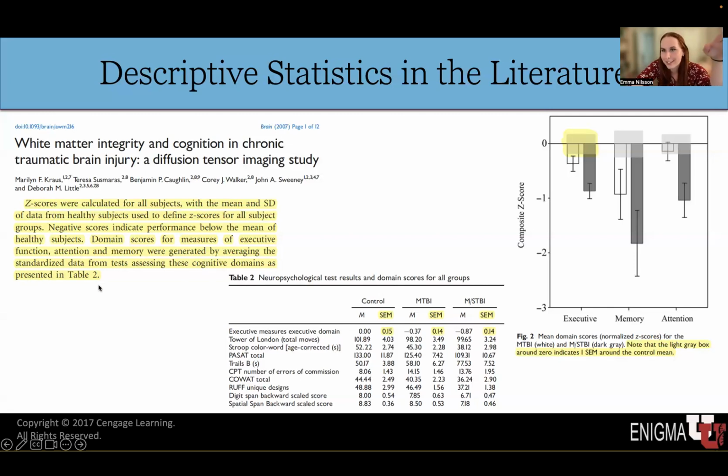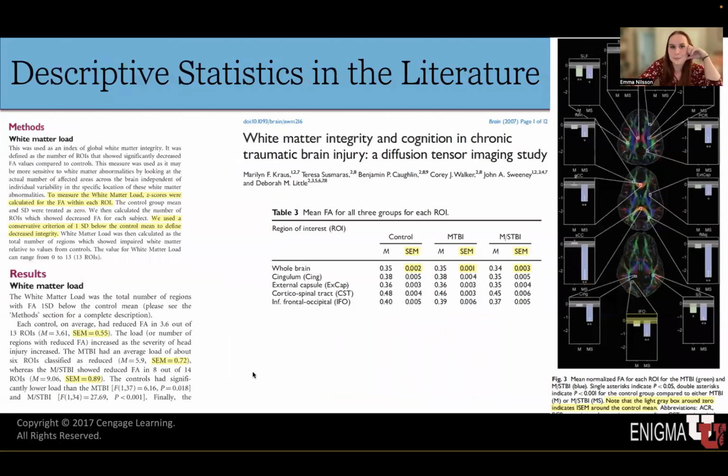They just referenced their figures because they did all the work to put it in a figure anyways. And this shows a very similar thing. They reported it in a table and in a graph, which look very similar to our previous ones. And then they told us where to find it and reported it briefly in their results.